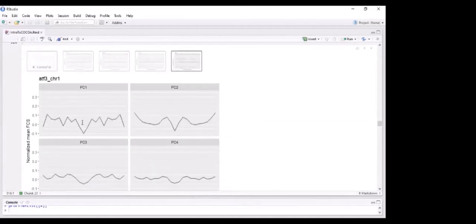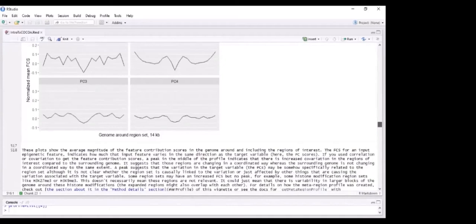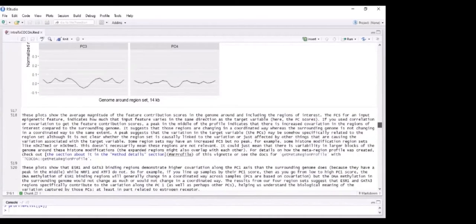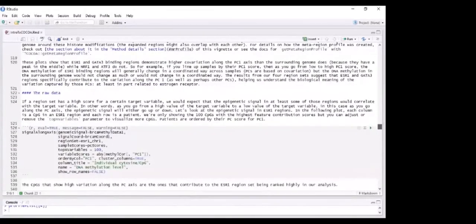So they actually have lower than average correlation, maybe a little bit, around the binding sites. That can basically support your findings and show the specificity of the correlation to your region set of interest and not the surrounding genome.